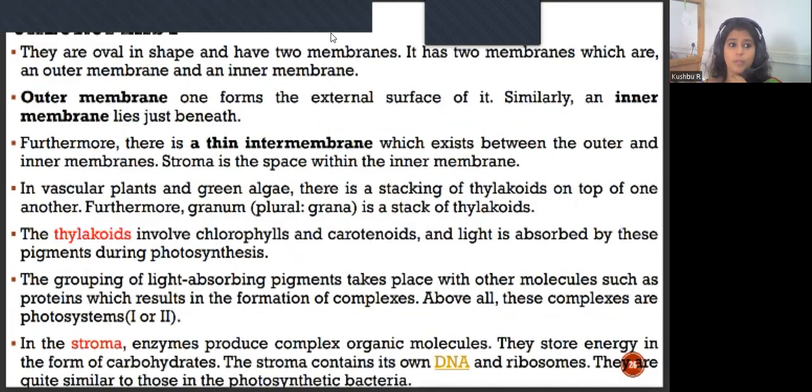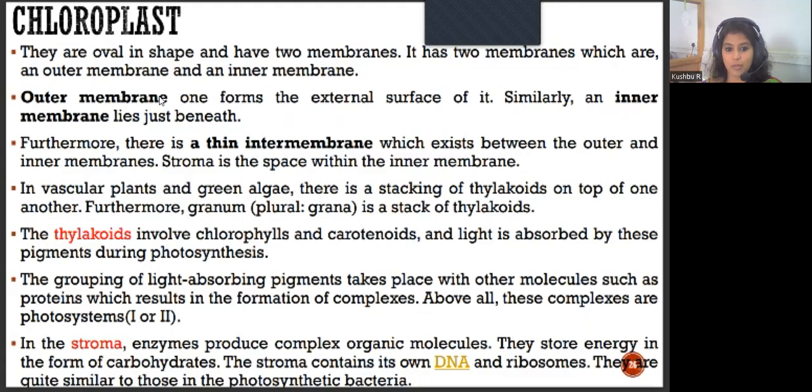Then comes the chloroplast. Chloroplasts are oval shaped double membrane organelles. The outer membrane is the outermost surface, and the inner membrane is just below that. Stroma is the space within the inner membrane.